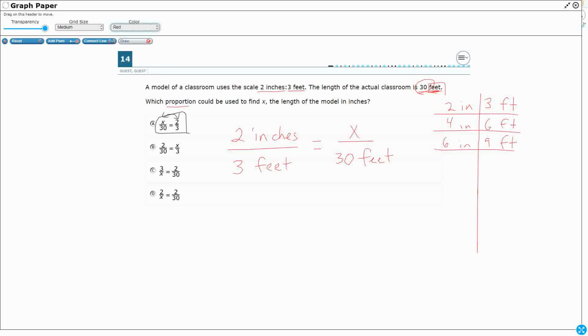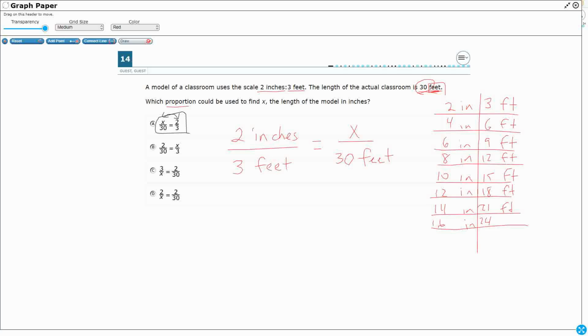Okay, so what I'm going to do is I'm going to do it the slow way over here. I'm going to continue what we did here. 8 inches, 12 feet, 10 inches. And what we want to do is get this all the way up to our 30 feet. If you notice, in the feet we're going up by 3s, and in our inches we're going up by 2s, because that's our original ratio, right?